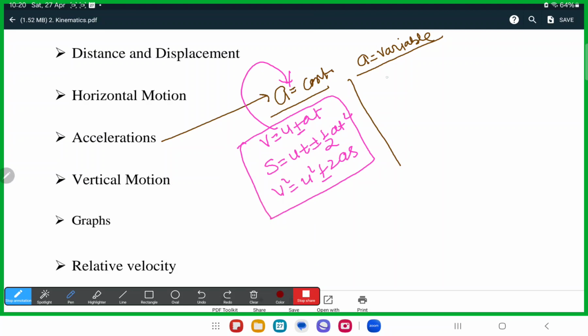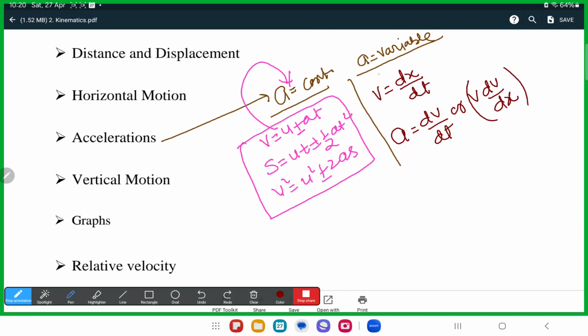And once the acceleration is variable, we will use v is equal to dx over dt, and a is equal to dv over dt, or v dv over dx. So kindly remember the two cases we will address in the given acceleration section. Now, once you are talking about the vertical, all equations remain the same.